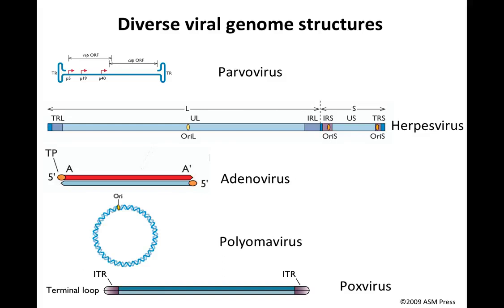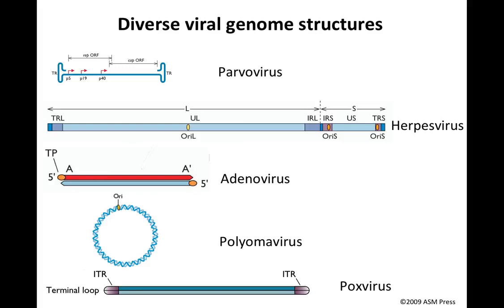Our genomes in our cells are all the same, not in sequence, of course, but in structure. They are double-stranded, linear DNA molecules. They're very long, and they're covered with protein, but they're all pretty much the same topologically. But viruses are all very different, as you know. There are 7 genome types in all, and a number of those are DNA genome types. So we have to consider how these different genome topologies are copied, and that's one of the things we're going to be talking about.